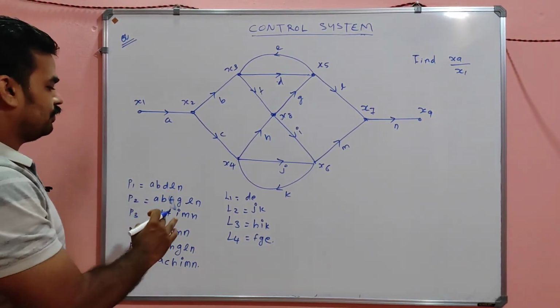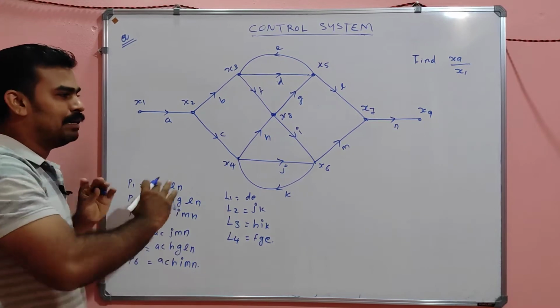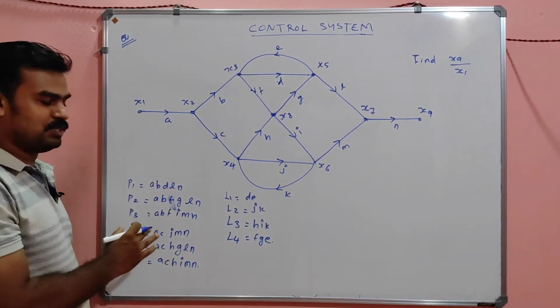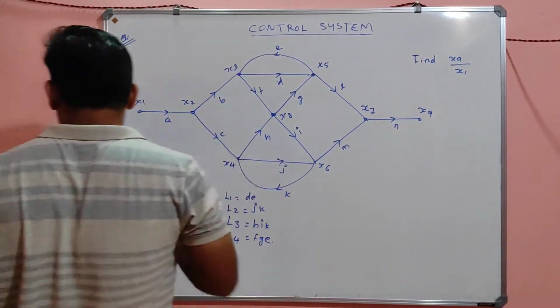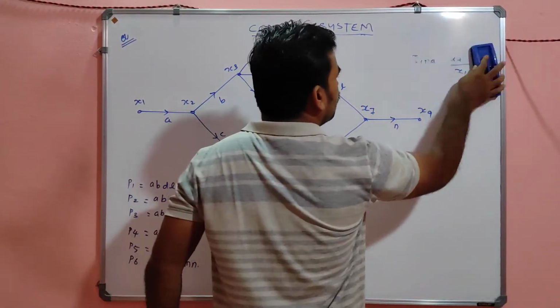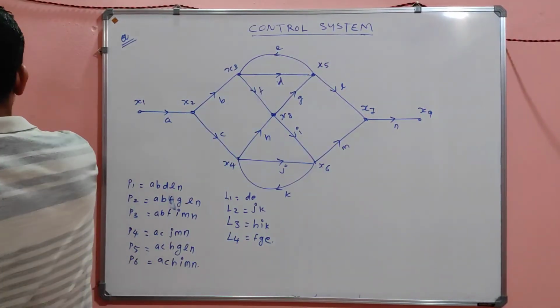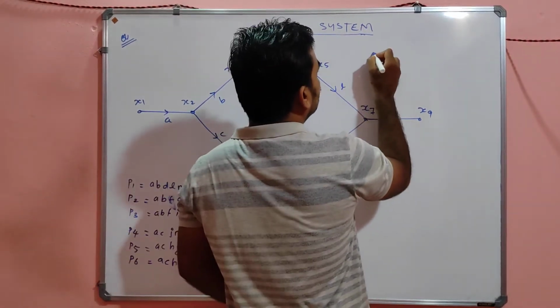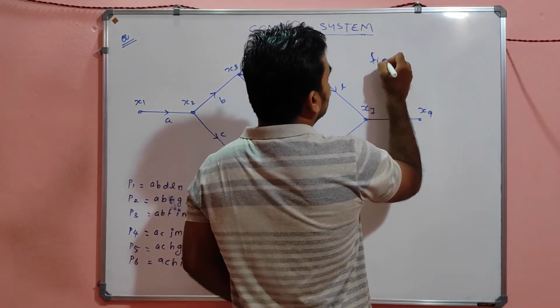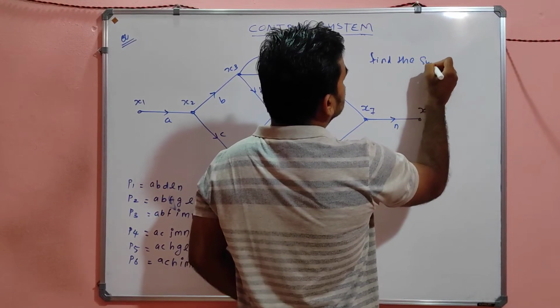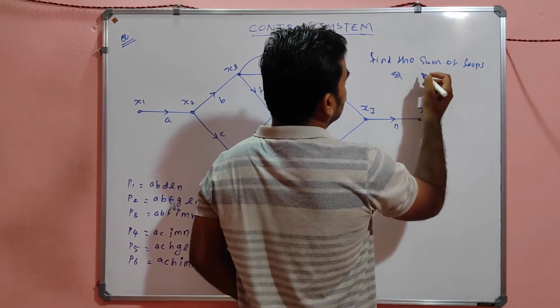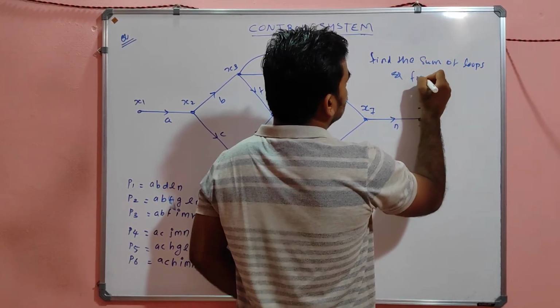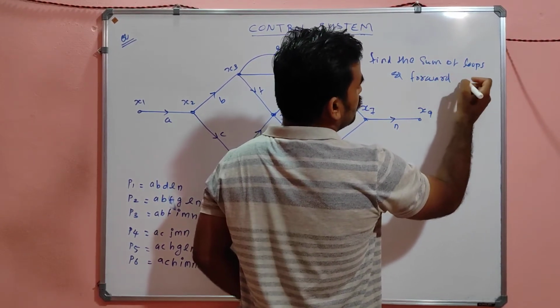So actually, if you find the Mason's gain formula for this question, it will be a very big question. So for simplicity, change the question to: find the sum of loops and forward paths. Just alter this question like that.